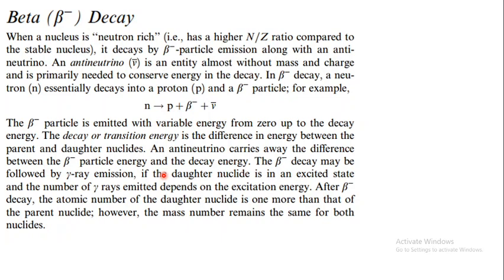One thing you should know is that, according to quantum mechanics and quantum theory, there is a certain arrangement of protons and a certain arrangement of neutrons inside the nucleus. Protons have their own shells inside the nucleus, and neutrons have their own path inside the nucleus.